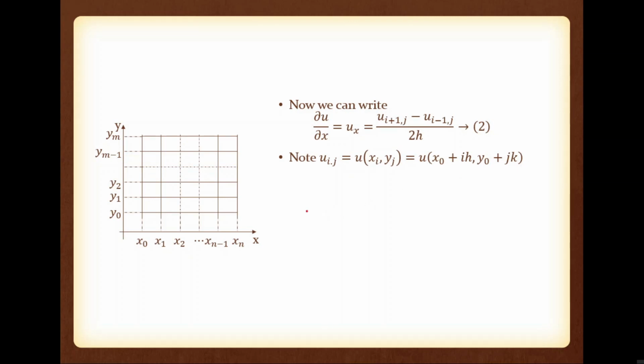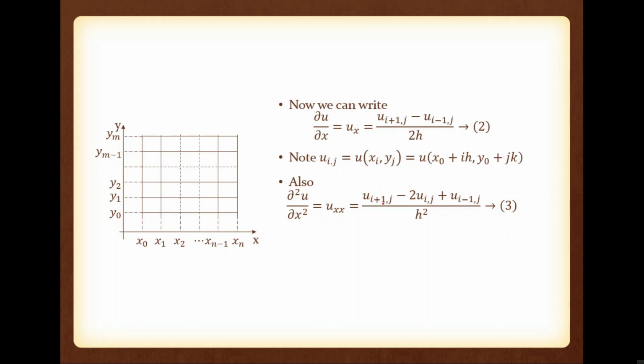Now, what is the second order differential term of u with respect to x? That is dou square u by dou x square, that is equal to uxx. So that is equal to u i plus 1 comma j minus 2 u i comma j plus u i minus 1 comma j divided by h square. If you are going through this equation, please note we have the second differential term with respect to x.